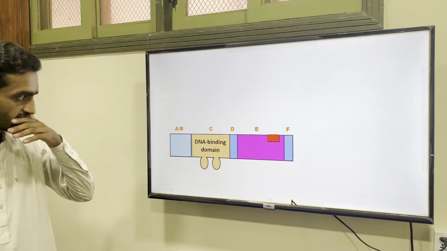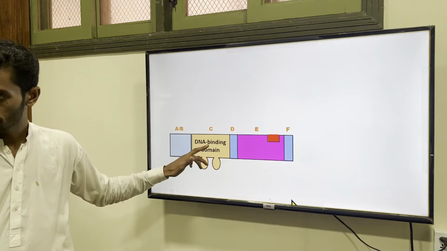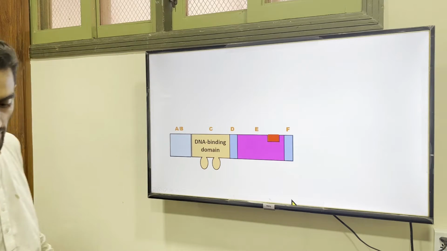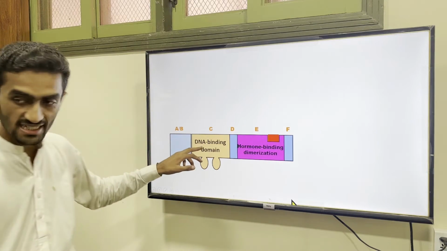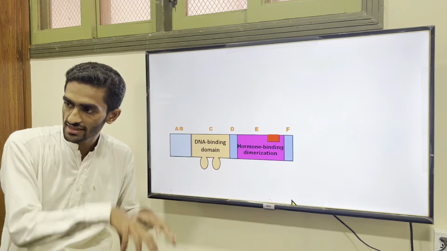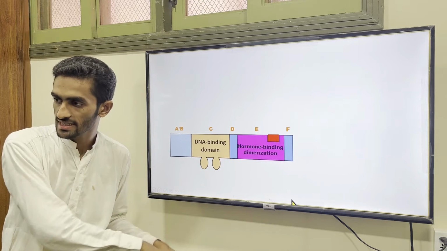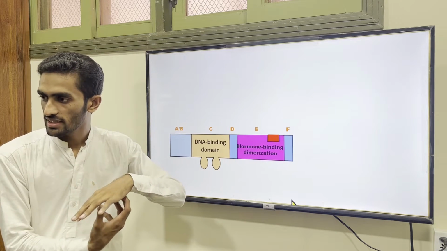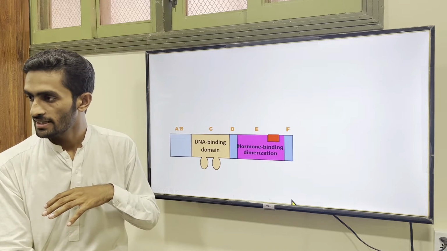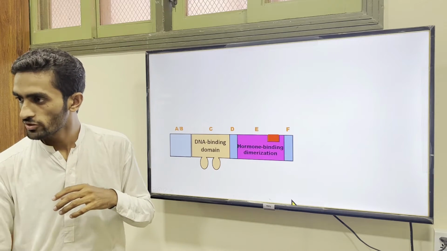The important things are the C subunit and the E subunit. The C subunit is attached with the DNA, because we have discussed that the receptor, when attached with the hormone, enters into the nucleus and attaches with the DNA to perform new protein synthesis.